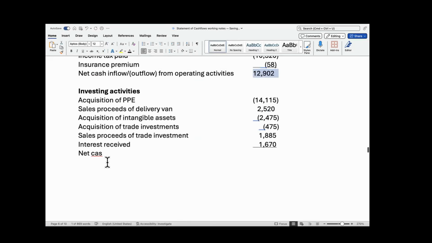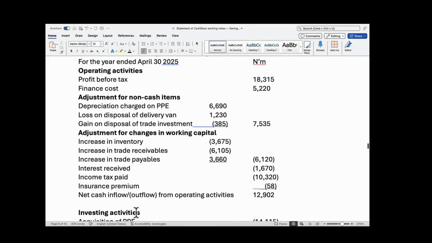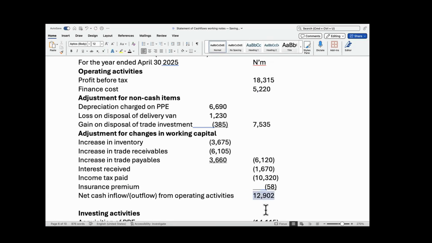So net cash inflows or outflow from investing activities. How much is this? 10,990 outflow. I guess this one is an inflow, Abby. It is an inflow, sir. Okay.